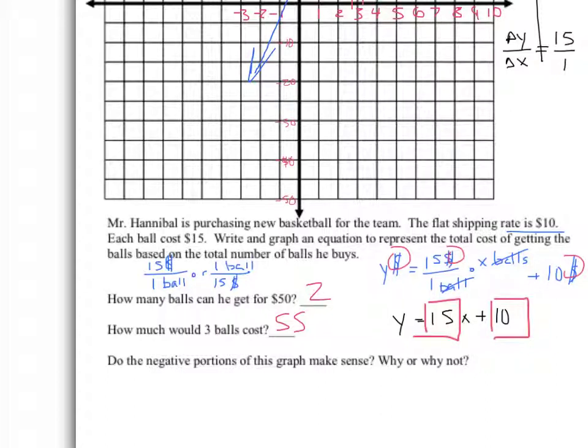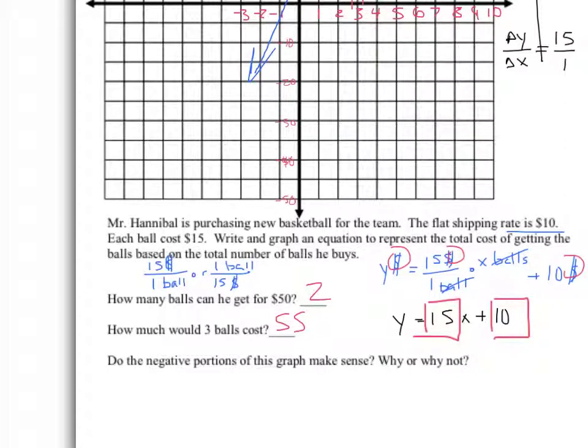Alright, let's think about our negative y values. This is when the dollar amount that he's paying for his order is less than 0. Is it possible that he could order something in the real world and have the amount of his order come out to something that's negative? So I hear Sandy saying, yes, if they pay me to take these things from them. In the real world, are you going to go to the store and the store's going to be like, you know what, take these balls and please take this $10 to go with it. I don't want it and I don't want the money.